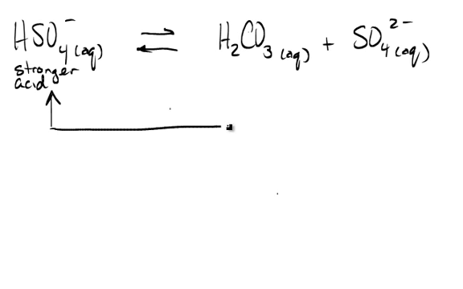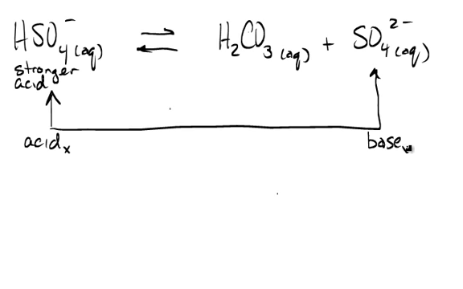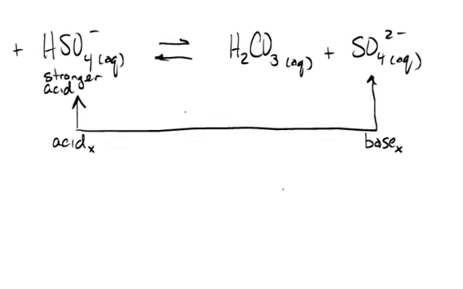Hydrogen sulfate anion and sulfate anion look similar. HSO4- is the proton donor, so that's conjugate acid, I don't know, I'll call it X this time, and it becomes its conjugate base, so it's base X.